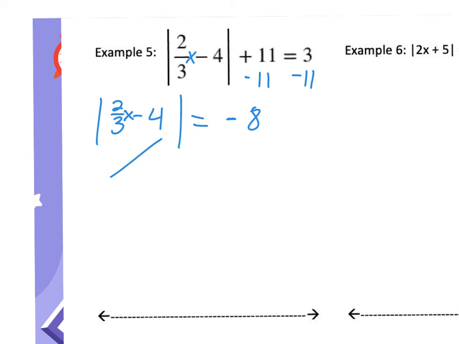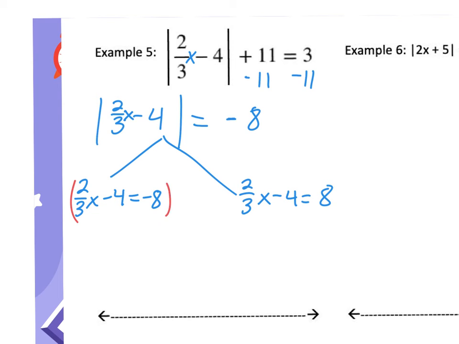We'll go ahead and break this one apart. So 2/3 x minus 4 equals -8. 2/3 x minus 4 is going to be a -8, which we know two negatives make a positive. Okay. Time to solve.